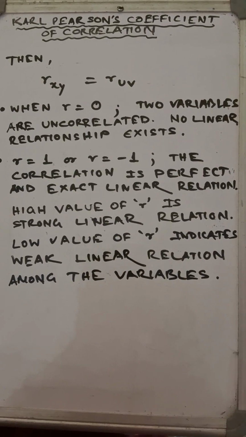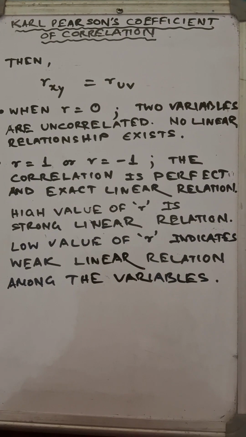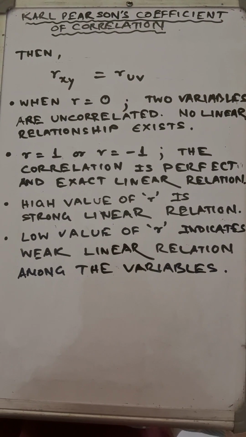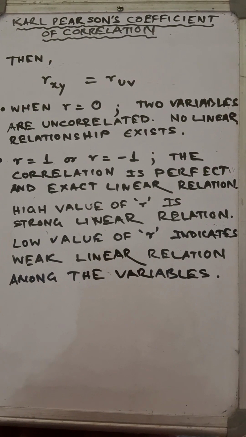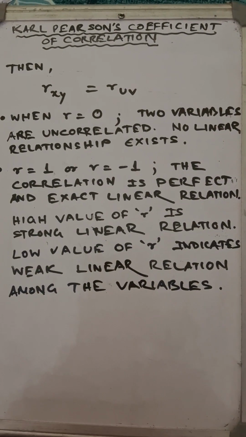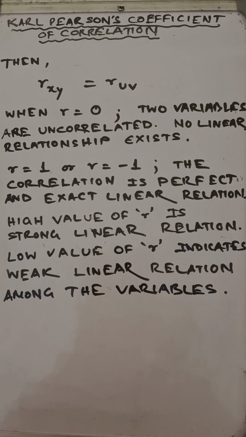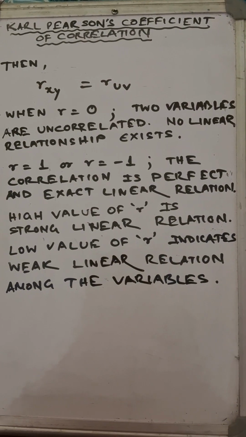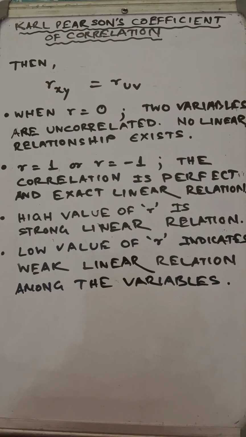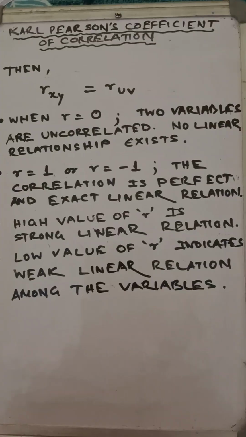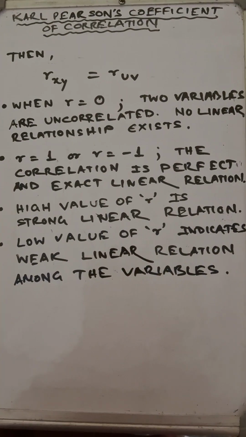So we will understand the value of r as 0, 1 or -1, and accordingly what kind of relationship exists between the variables. In this way, we understand Karl Pearson's correlation coefficient, or the product moment correlation coefficient. Thank you.